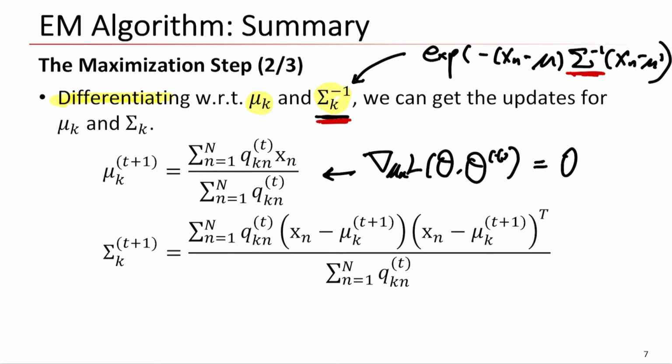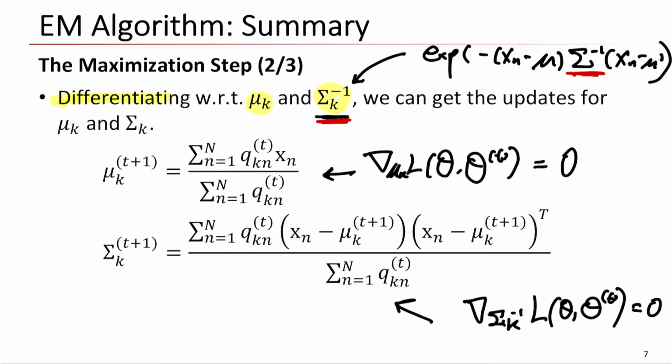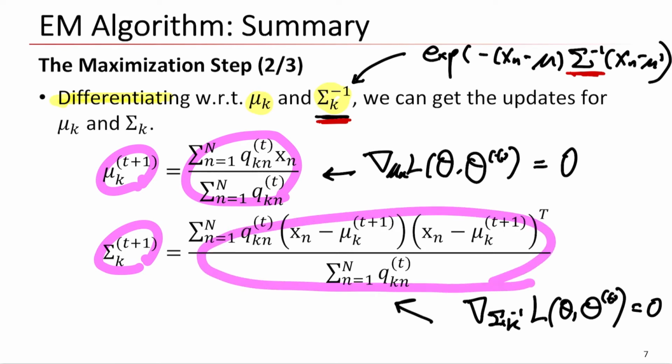We will find the new mu k here, and we find out this one. Okay, so from here mu k of the next iteration is something like that, and sigma k for the t plus 1 iteration is something like that.